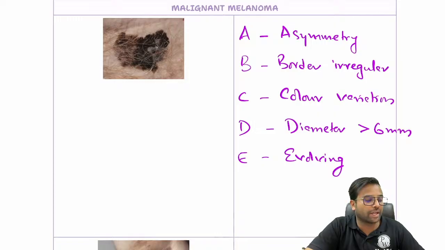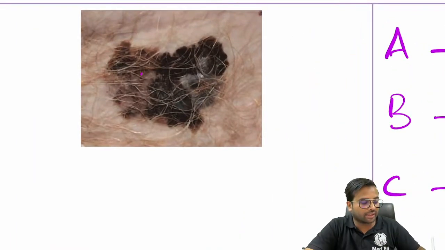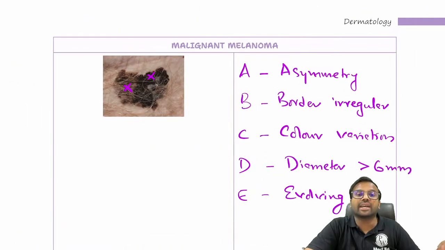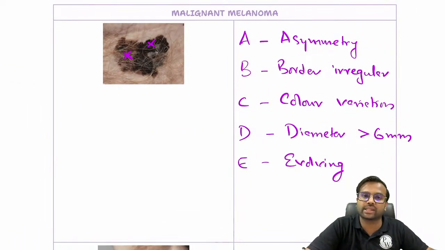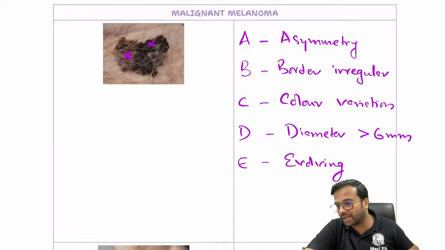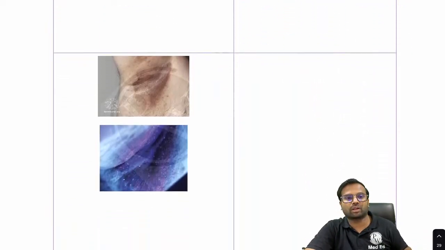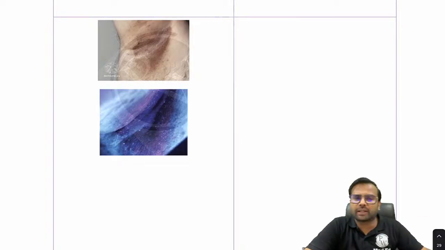So whenever you see an image like this, here there is a lighter color, here there is a darker color. If there is a lesion that is more than 6 mm, in all those cases, we can suspect malignant melanoma. Malignant melanoma.